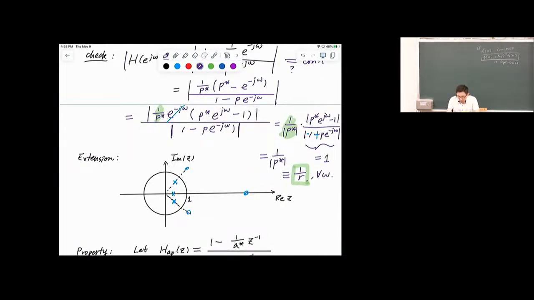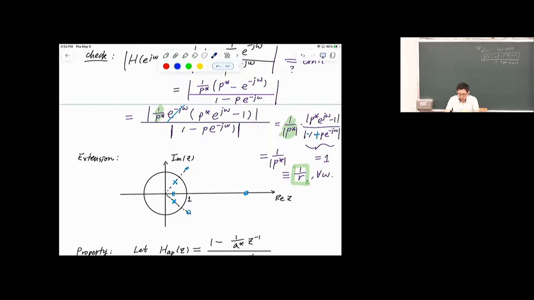So usually we fix it like this. We can make sure that doesn't happen by this idea: whenever we have a pole somewhere, we immediately put a pole at the complex conjugate place.